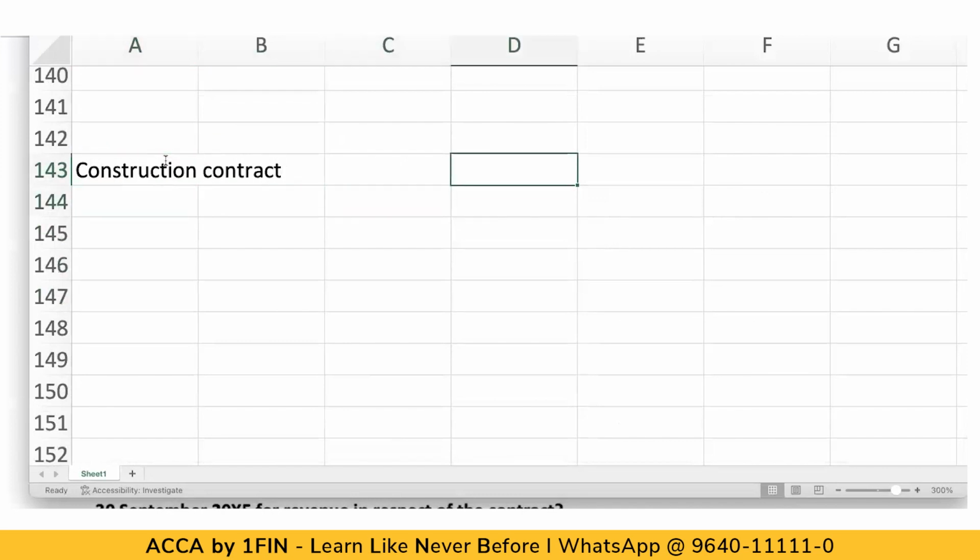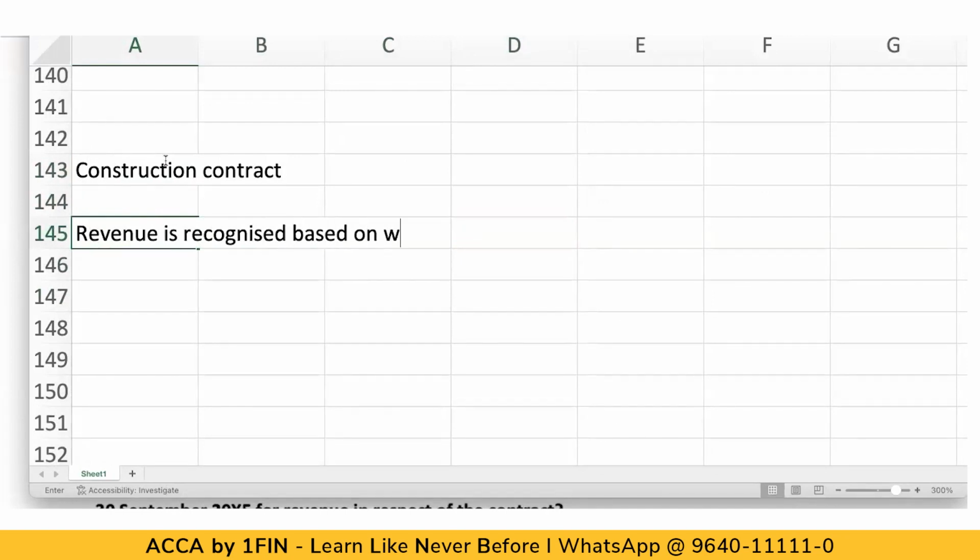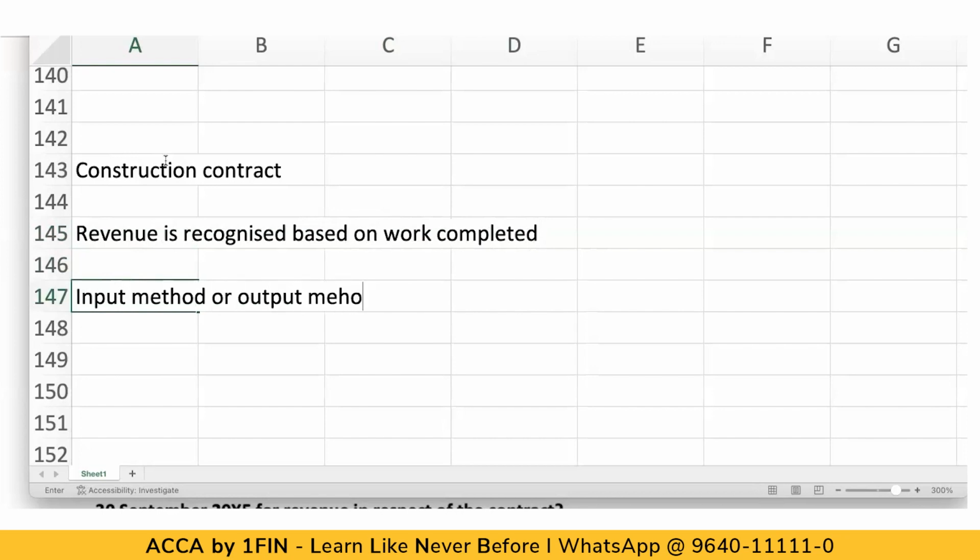it is a performance obligation satisfied over a period of time and revenue is recognized based on work completed. Now you can use input method or output method.